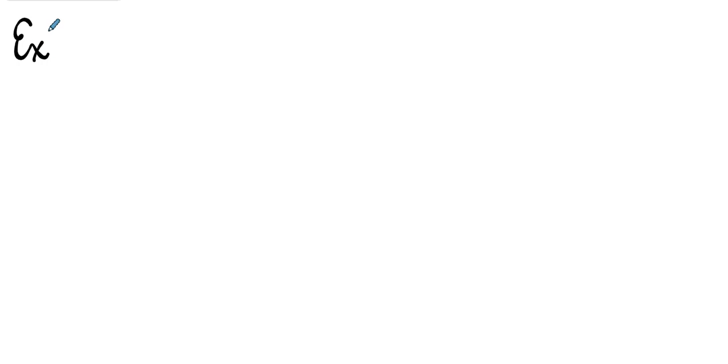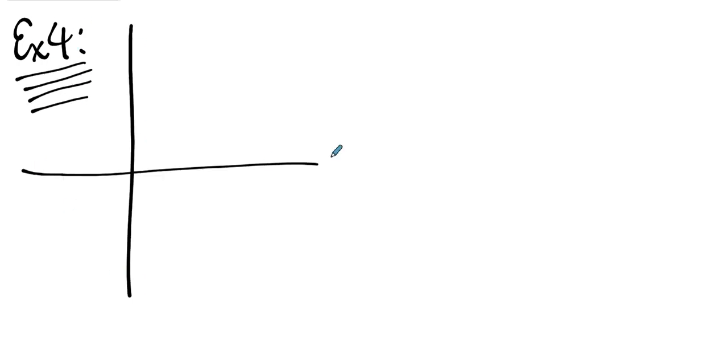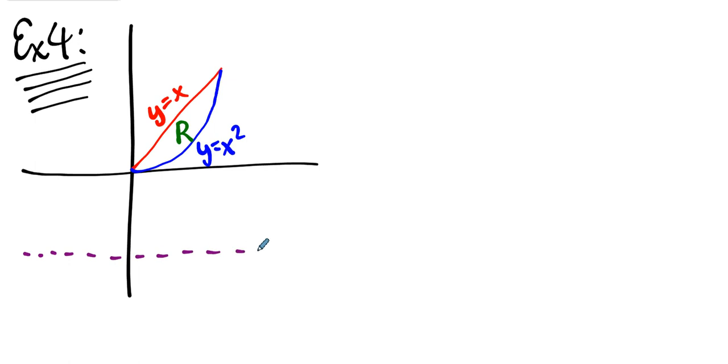Then things get a little bit more complicated if we do this. So here's y equals x, and here is y equals x squared. This is the space in between them. What I'd like to do is revolve about this line, y equals -1. That's the axis of rotation.